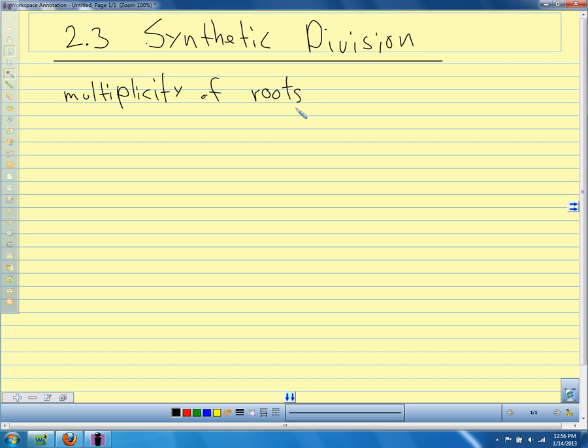A couple of our homework questions asked us about the multiplicity, and we didn't really have time to talk about it Friday, so I just want to mention it quickly today. When we're solving a polynomial equation, let's say we have x minus 3 squared and x plus 2 to the third.